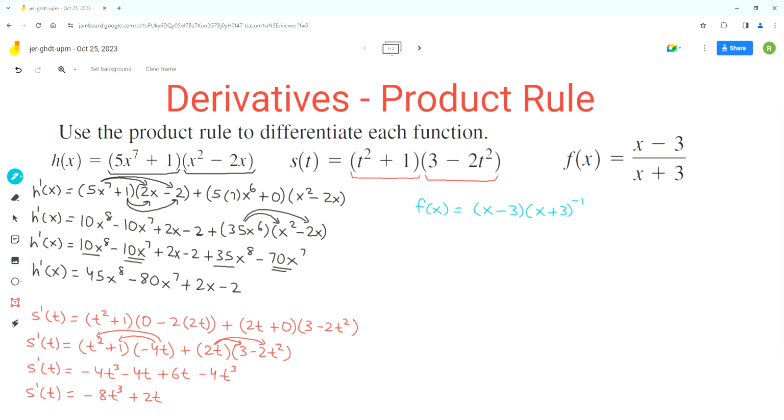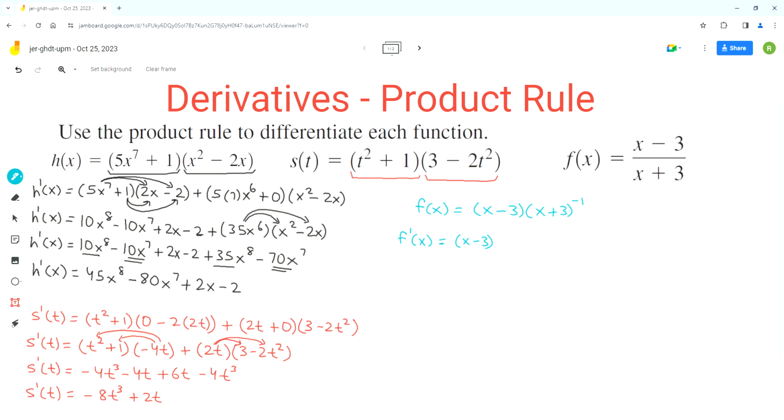Now we can use the product rule to find its derivative. So the derivative will be, f prime of x, so the first function which is x minus 3 times the derivative of the second function.